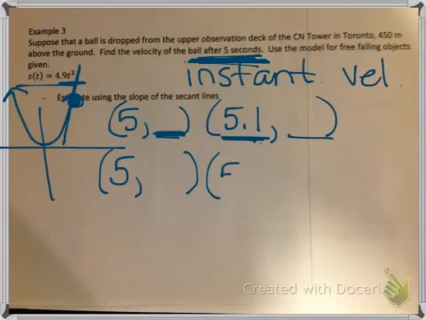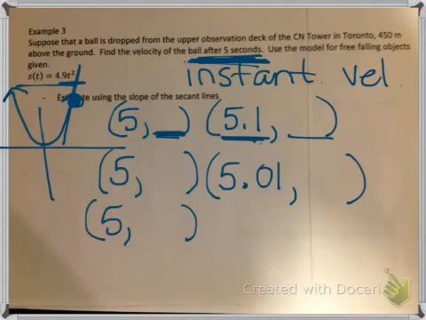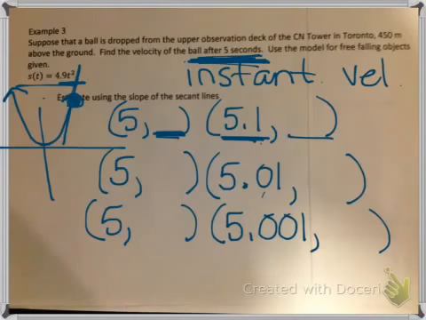And I'd keep doing this, and to bring it closer, I would say 5.01, and I'd find the slope between those two. And then I would go from 5 to 5.001. All you're doing again is I'm finding the slope of the secant line as I get closer and closer and closer to when x is 5.